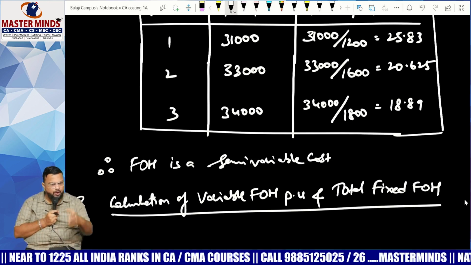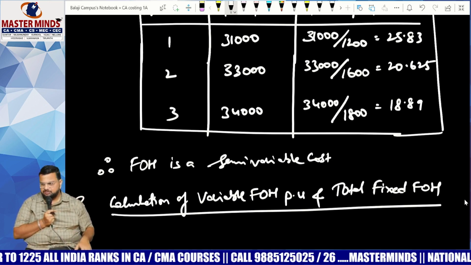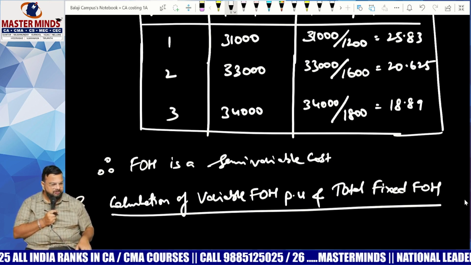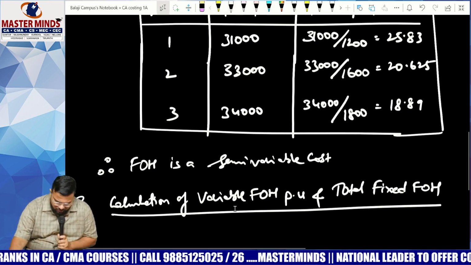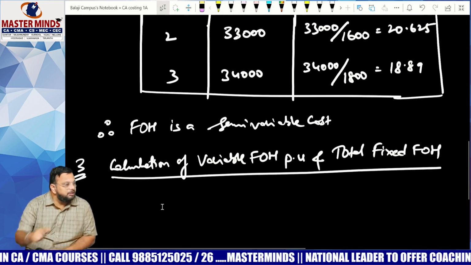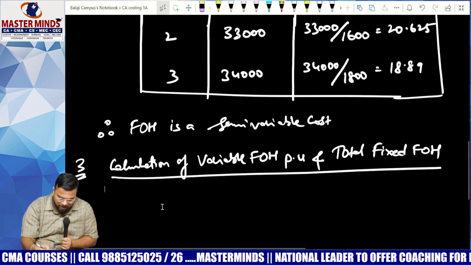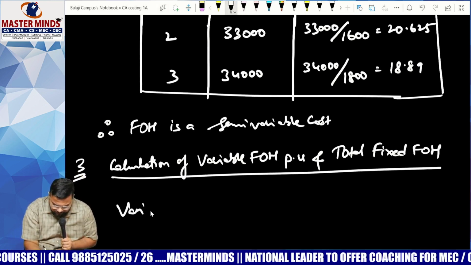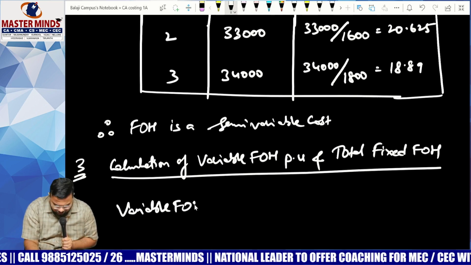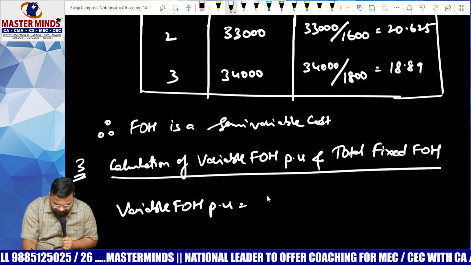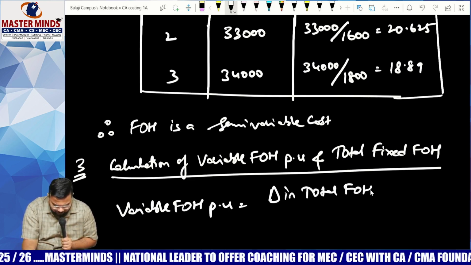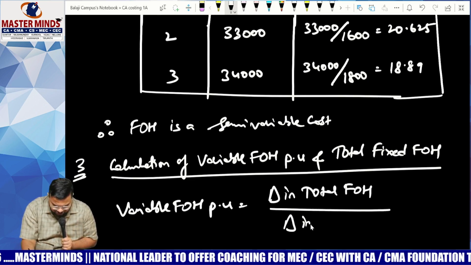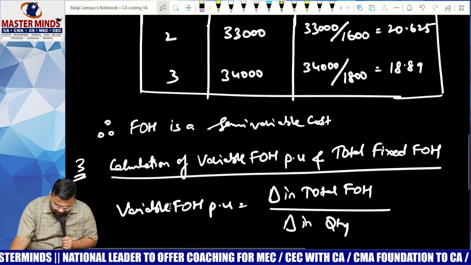That is what they have asked, right? So whatever the requirement is, keep it as a heading and prepare a statement, the cost sheet. First, variable factory overhead per unit: change in total factory overhead divided by change in quantity. Let me take weeks 1 and 2.